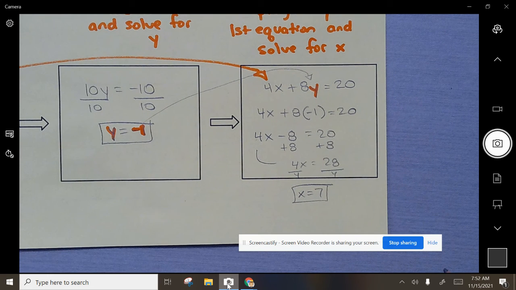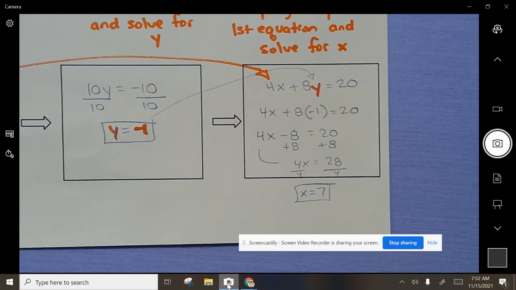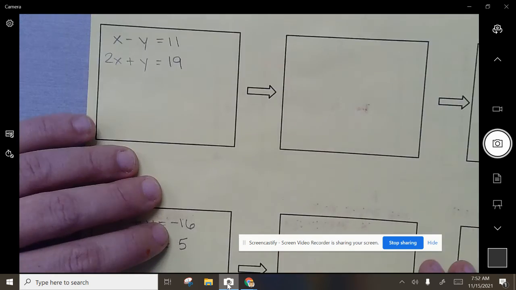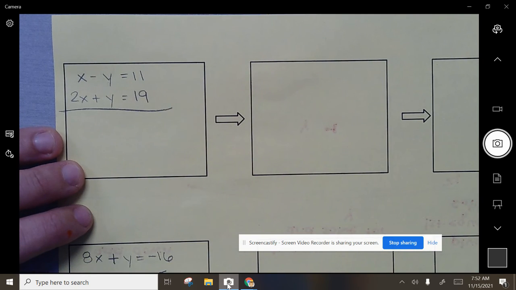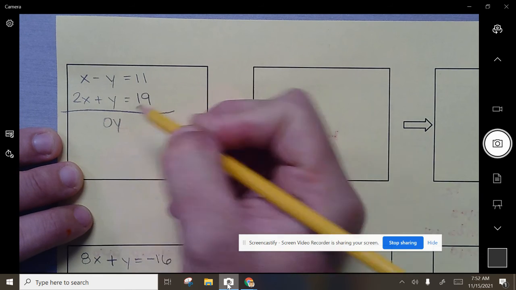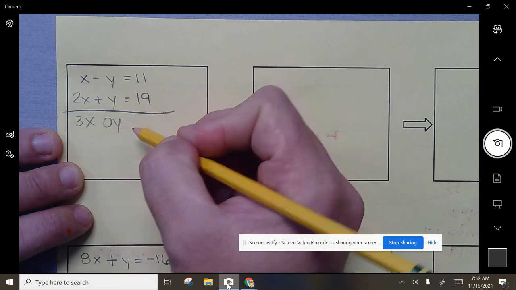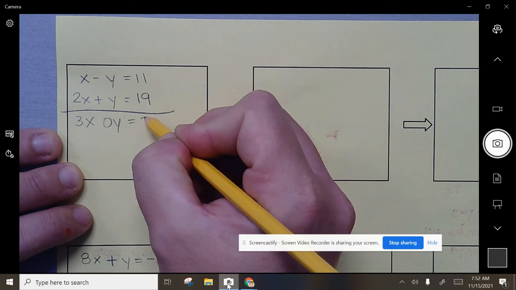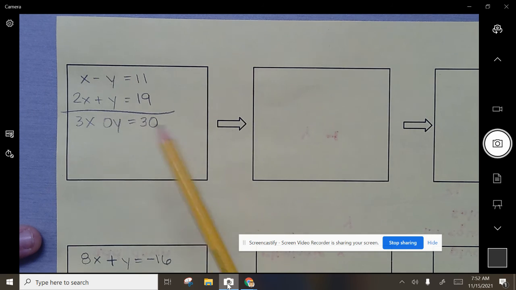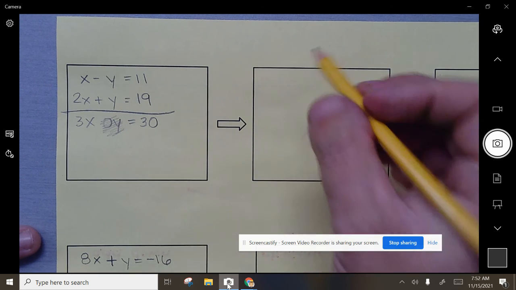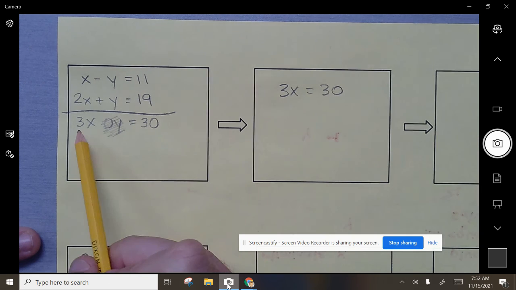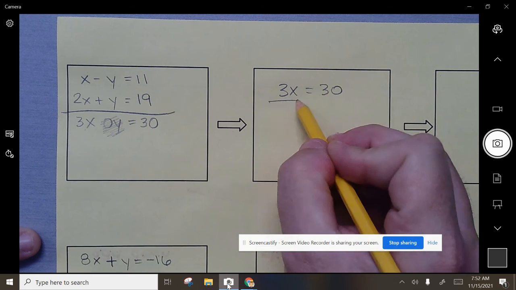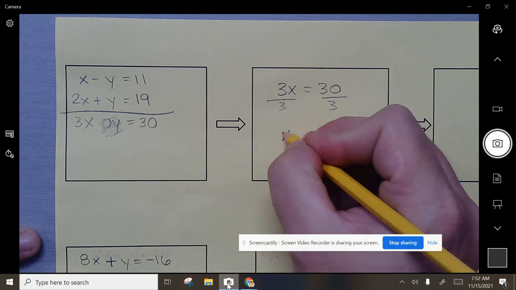Okay? Let's keep going. We're going to go quicker. All right? Backside. Write down this equation. We're going to add down 0y. Interesting. This is going to be 3x plus 0y equals 30. So what got eliminated here? The y. So now instead of the x being eliminated, I know that I can set up this equation. 3x equals 30. Divide by 3.